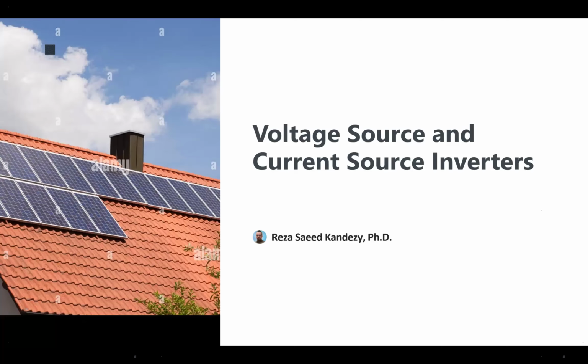And now we are gonna talk about the different categories of inverter before we move toward the controlling system and talk about the details of how we could control the output of the inverter. So in this session we are gonna talk about the two types of inverter, namely voltage source inverter and current source inverter, and get to know these types, and find out what the differences are and what is the advantage of each one, for what application voltage source is preferred, or for what application current source is a better choice.